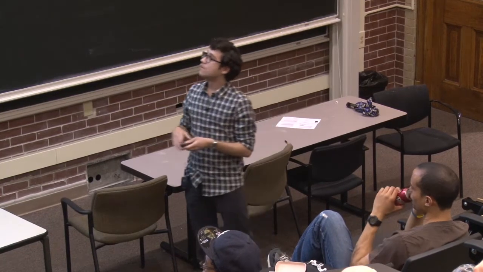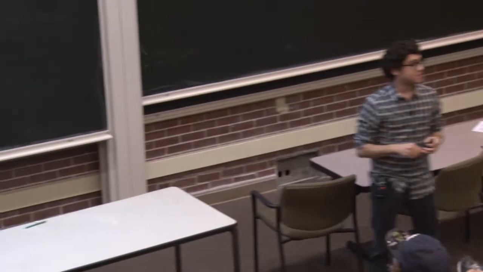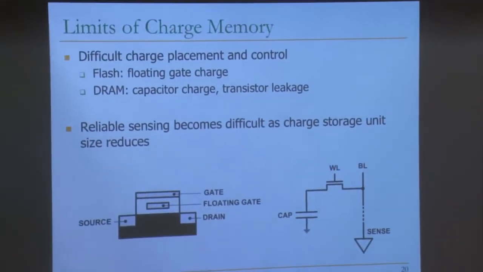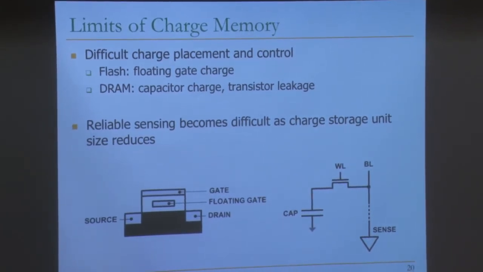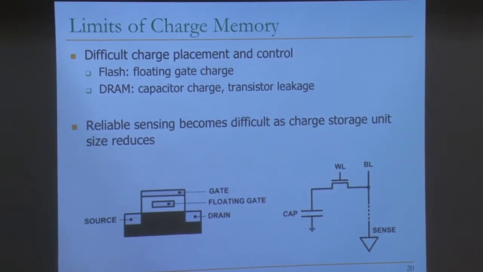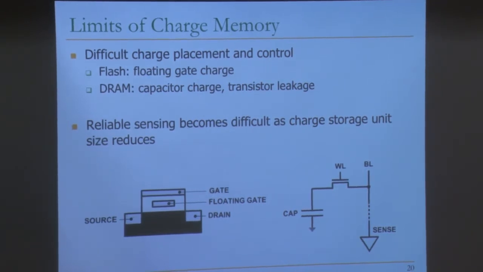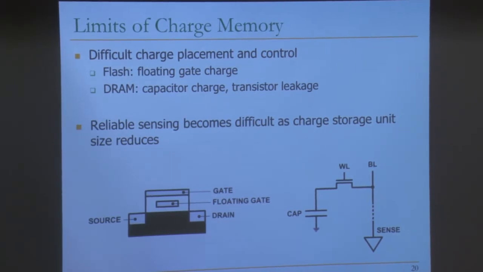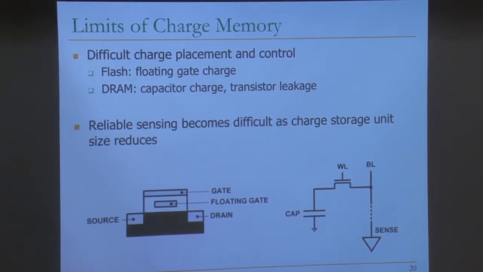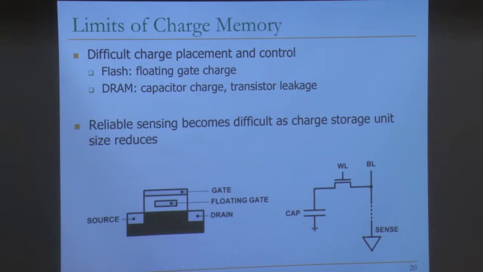Okay, so what are some limits of charge-based memory? We kind of alluded to these before. It's difficult to control charge placement. So it's difficult to actually get the charge to stay in one place and read it reliably as cells get smaller and smaller. So in flash, we see this with a floating gate that technology has. In DRAM, this is because of the capacitors and the fact that charge can leak out through the access transistor.